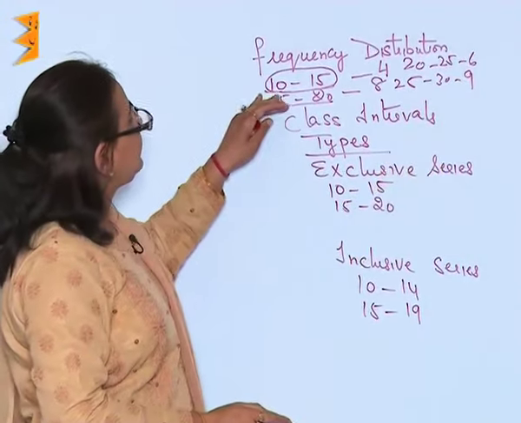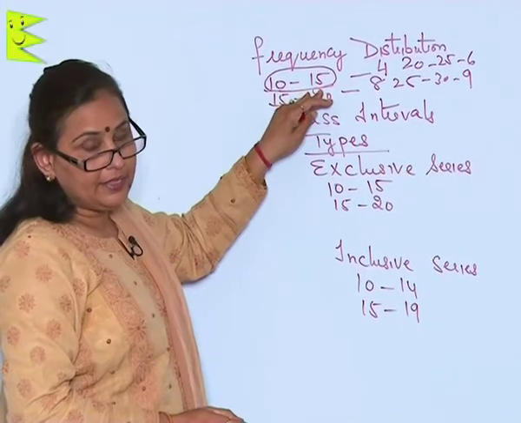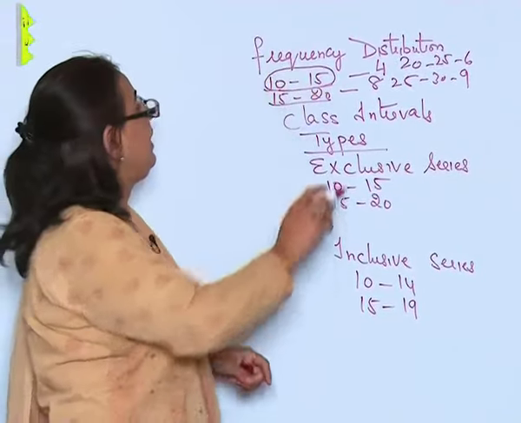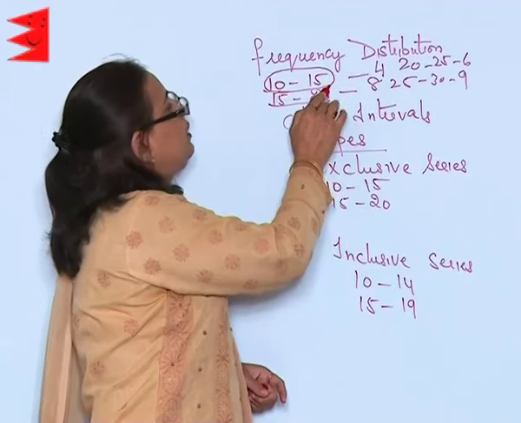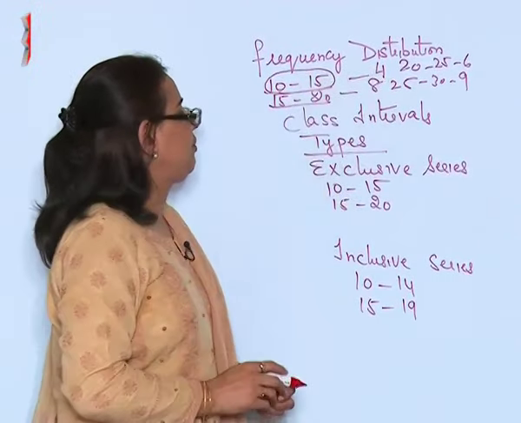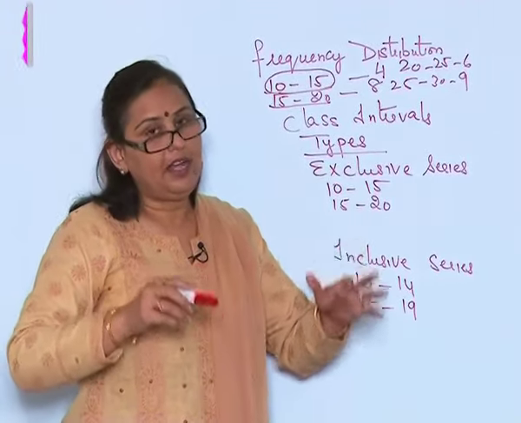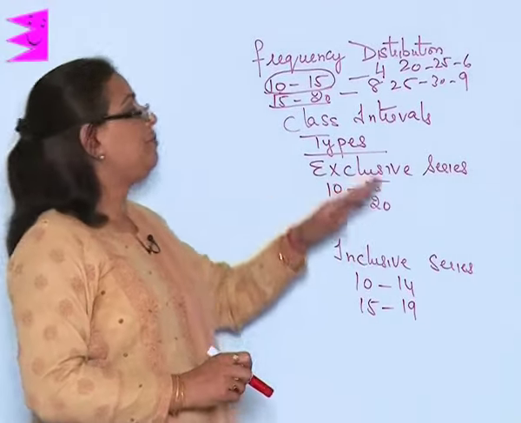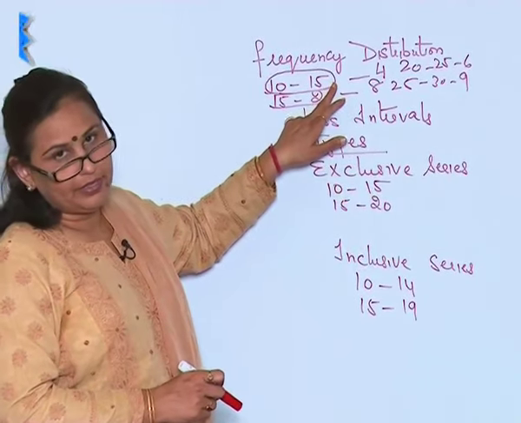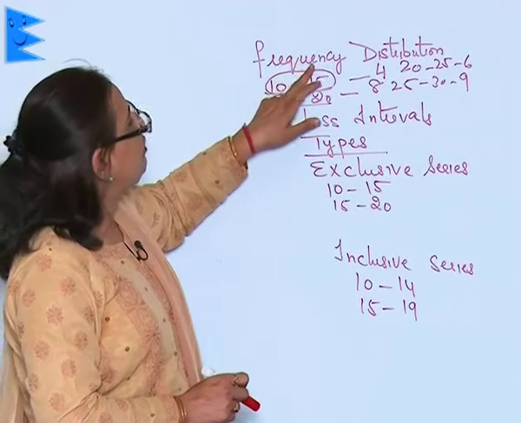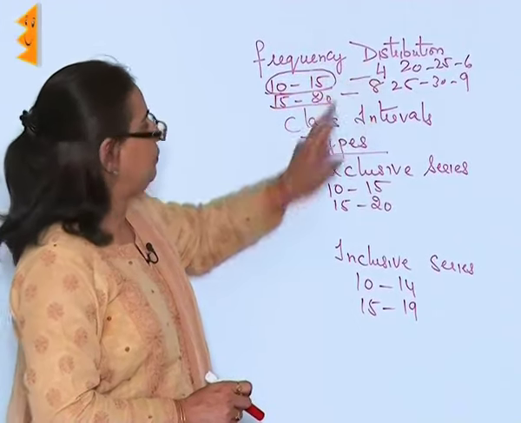So when it is in this form, that is the class interval, this becomes the frequency distribution. Simple meaning is, when the data is presented in the mode of class intervals, it is termed as frequency distribution.